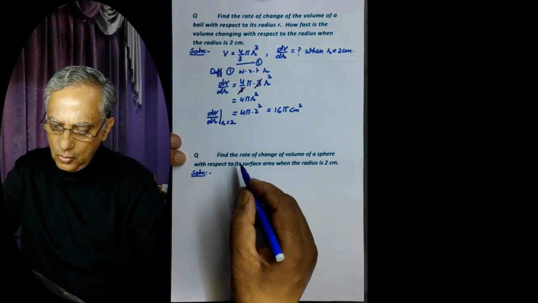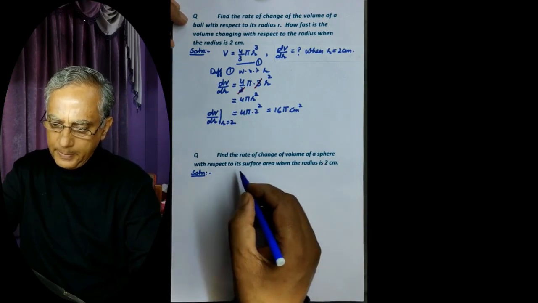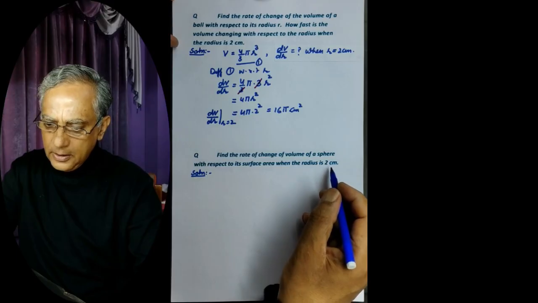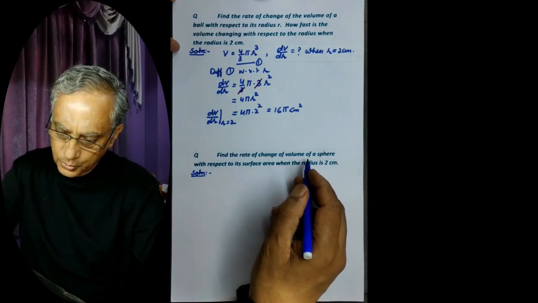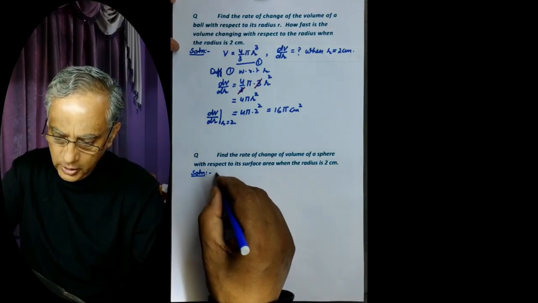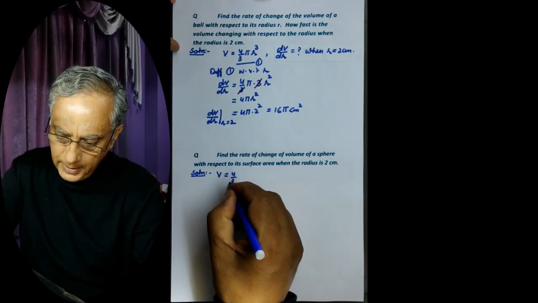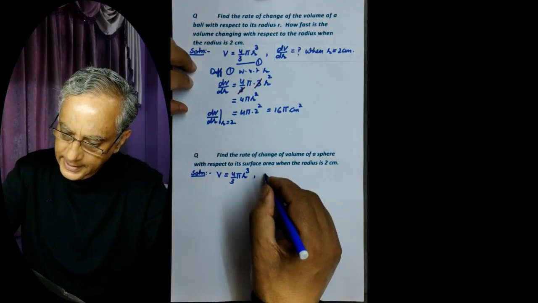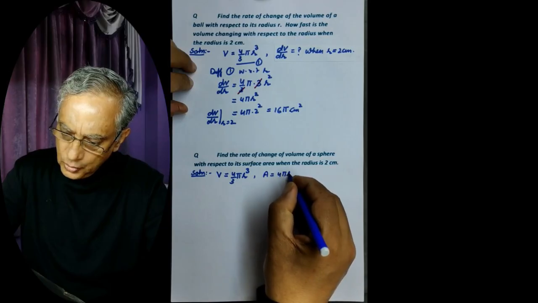Next is: find the rate of change of volume of a sphere with respect to its surface area when the radius is 2 centimeters. Now the volume of a sphere is 4 by 3 pi r cube and the surface area is 4 pi r square.